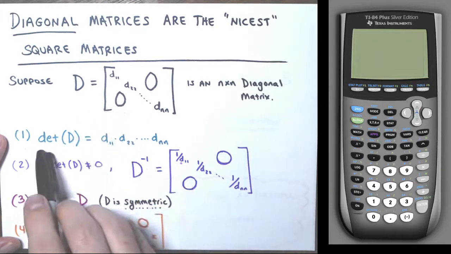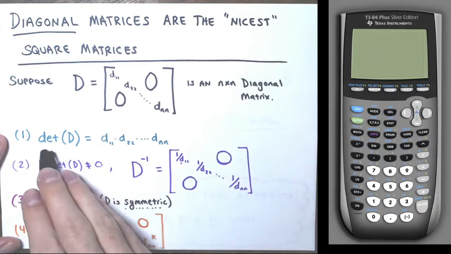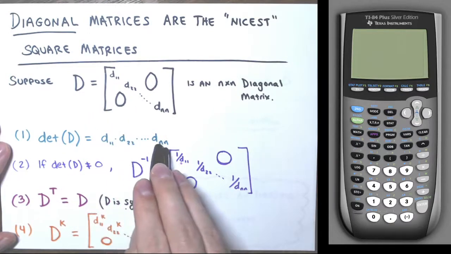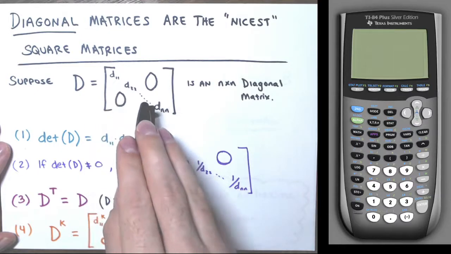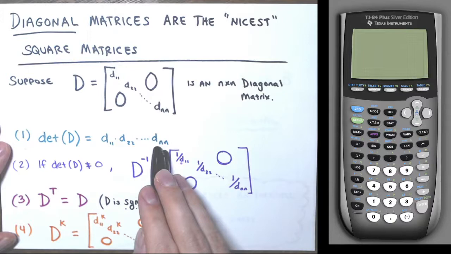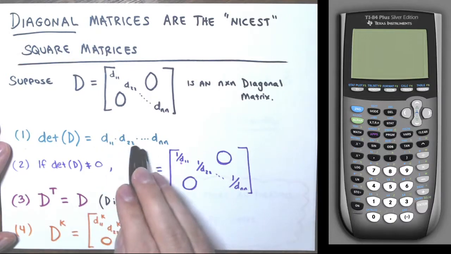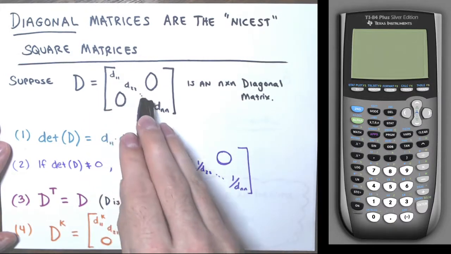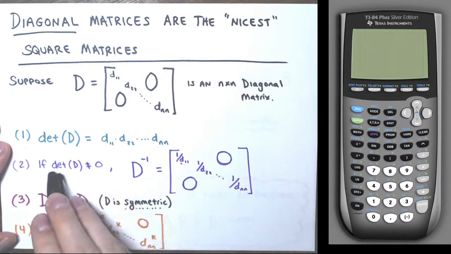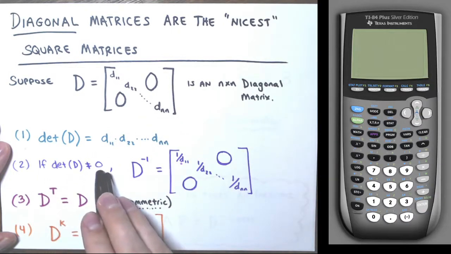Some nice things about a diagonal matrix: it's very easy to find the determinant of a diagonal matrix. It's just the product of the main diagonal entries, d11 times d22, all the way up to times dnn. If all the entries down the main diagonal are non-zero, then the determinant won't be 0, and you can find the inverse.